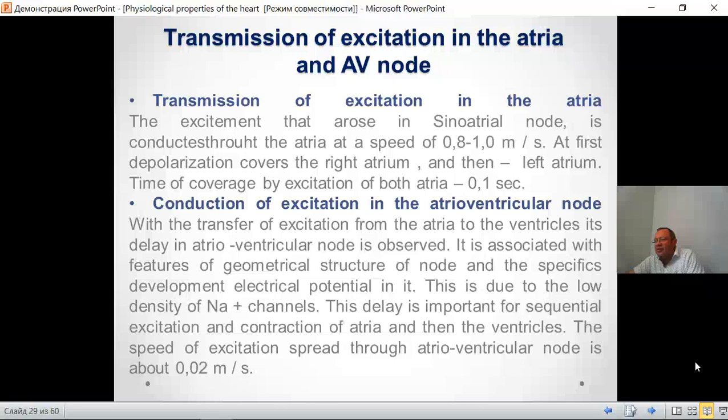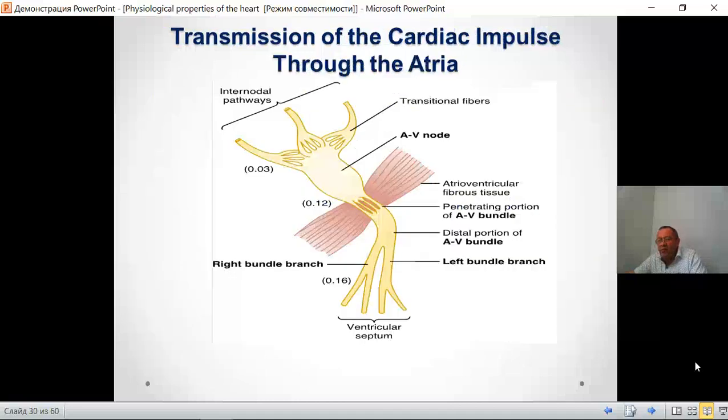This delay is important for sequential excitation and contraction of the atria and then the ventricles. The speed of excitation spread through the atrioventricular node is about 0.02 meter per second. The figure shows transmission of the cardiac impulses through the atria in our heart.